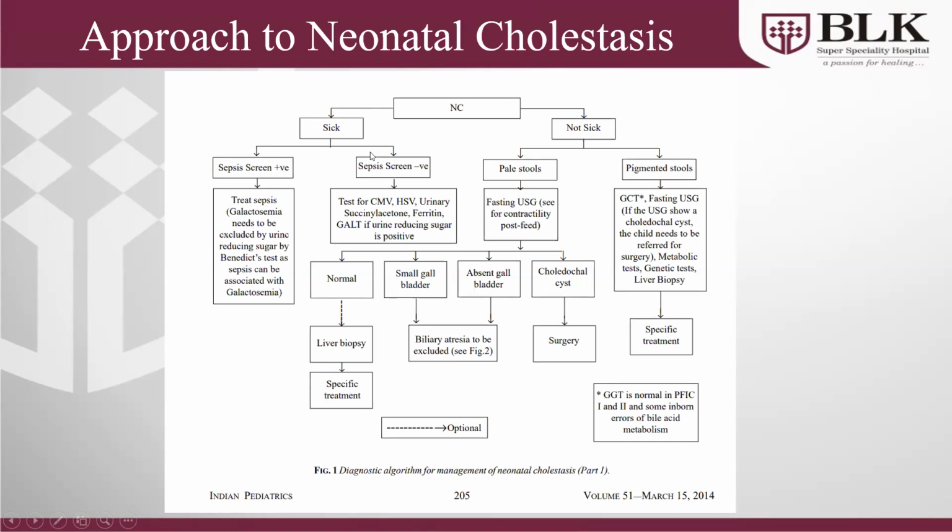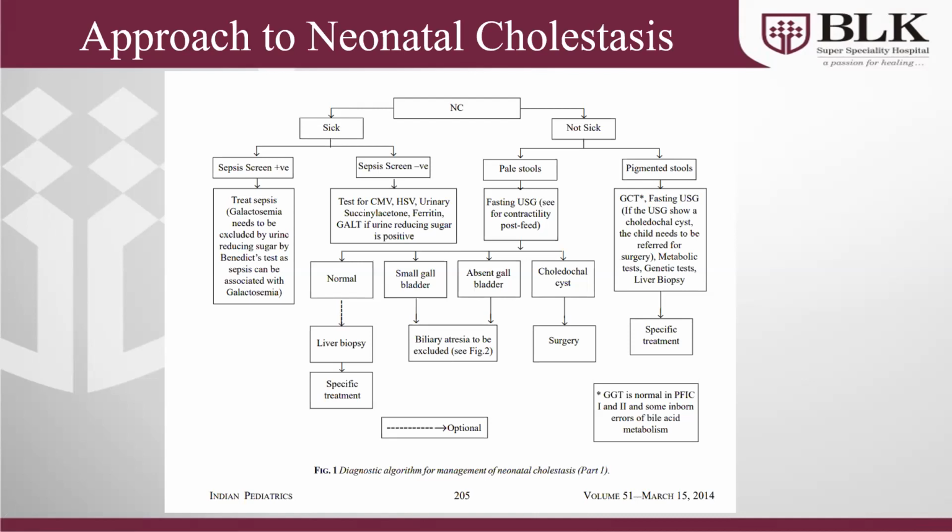If the child is sick but sepsis screen is negative, then look for underlying metabolic disorders like tyrosinemia, galactosemia, or hereditary fructose intolerance, and investigate the child accordingly. Or it can be due to infectious hepatitis like CMV or HSV. So these are the main causes of the sick child with neonatal cholestasis.